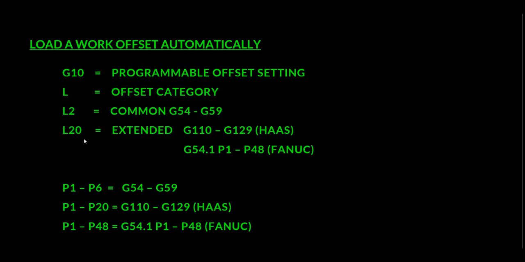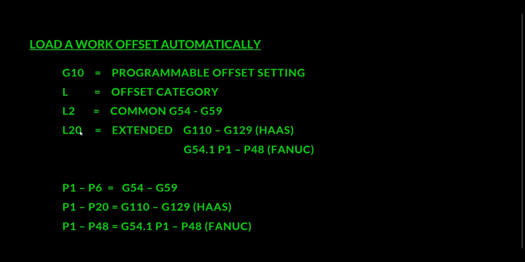The L will have to be followed by a P value to determine what offset to load the XYZ offset into. So an L2 followed by a P1 will load the XYZ in a G54 offset. Then a P2 will be a G55, and then the P6 obviously the G59.